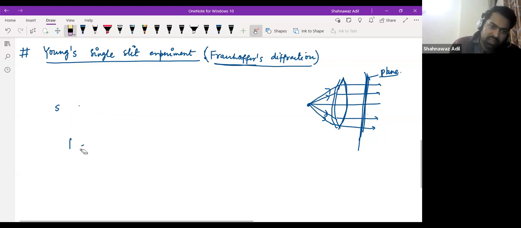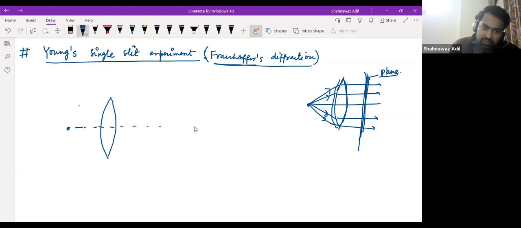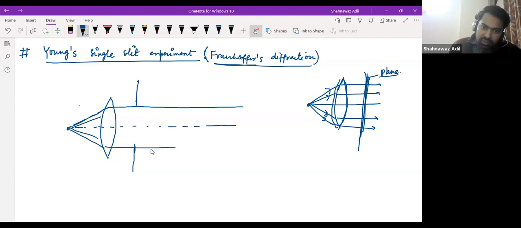So we are taking this source, and then we put a convex lens, and this is our slit. I have enlarged this slit; this is not the actual distance, but the enlarged one. This ray will come and pass parallel.